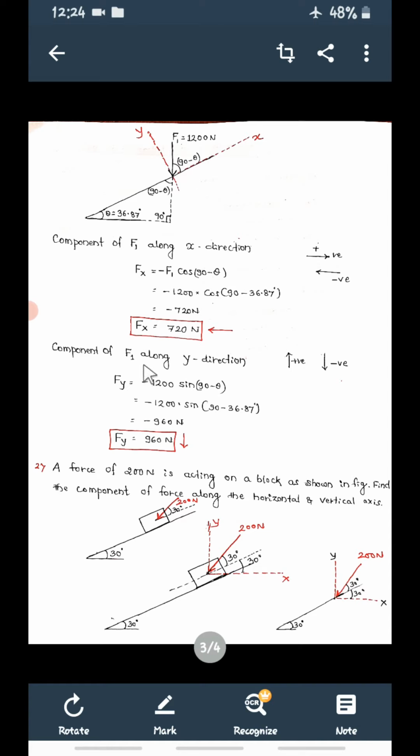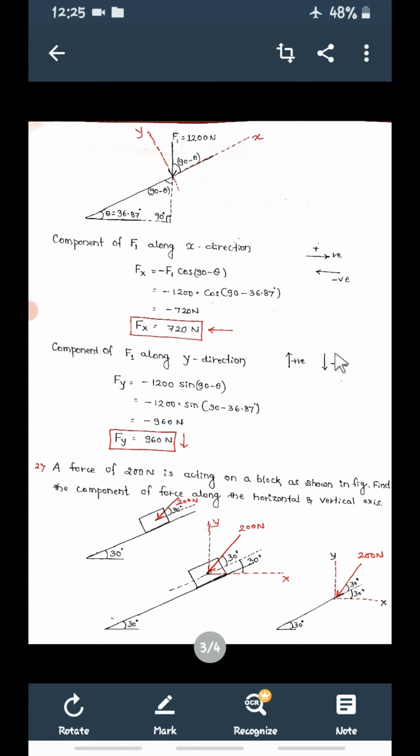Similarly, the component of this F1 along y direction. Now make this force vertical. Move this force along vertical. Now see the direction, it is downward. So Fy, the component of this force along y, is equal to minus, because it is downward.